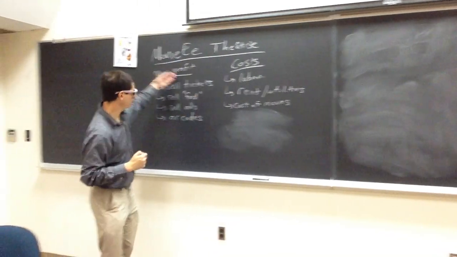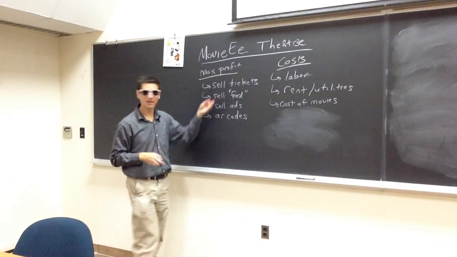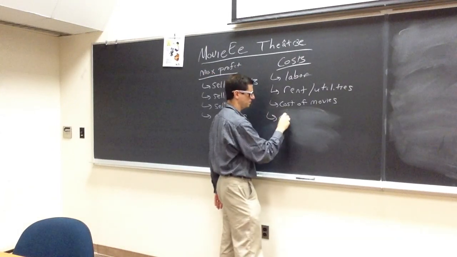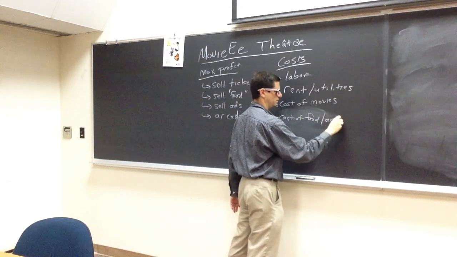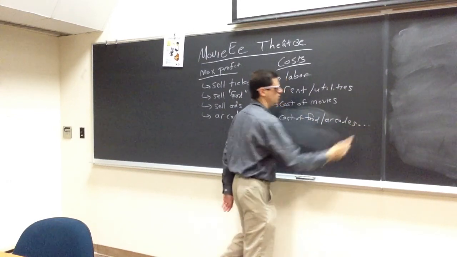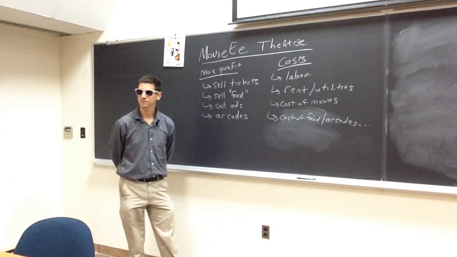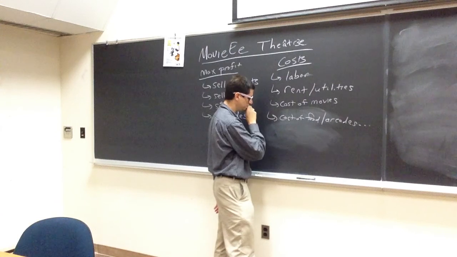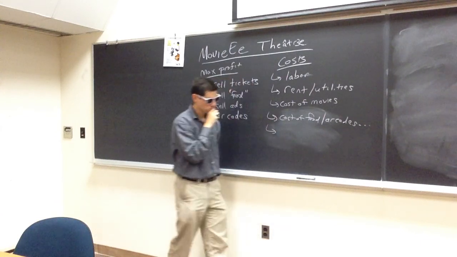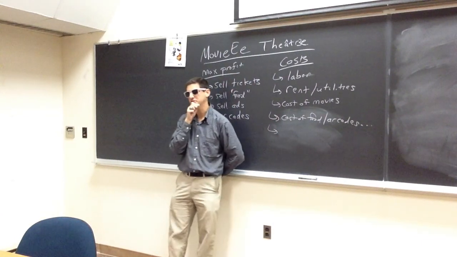There's an obvious counterpoint to one of the things over here. Yeah, cost of food, arcades. Something like that. Yes? Tax and insurance. Now, how is the tax a cost?